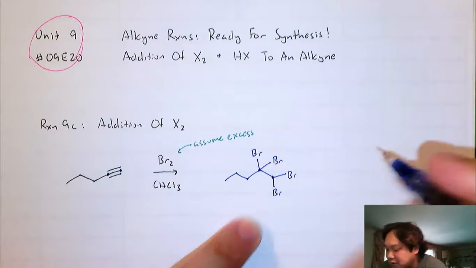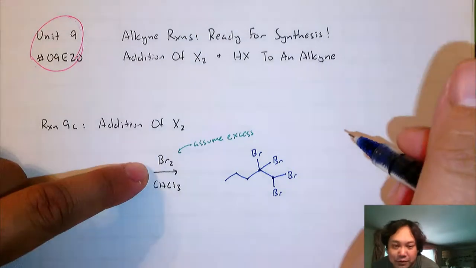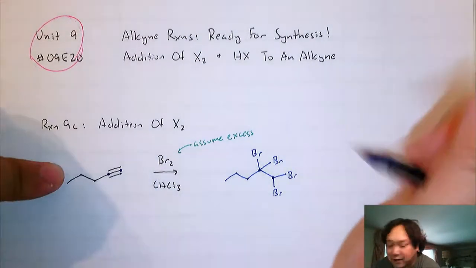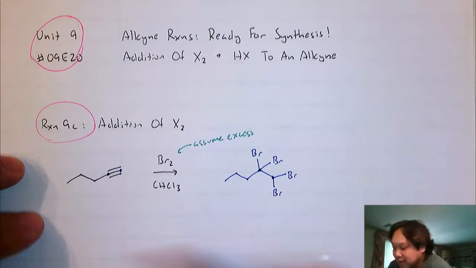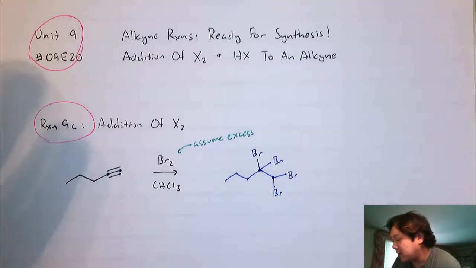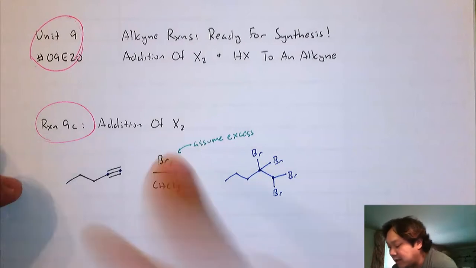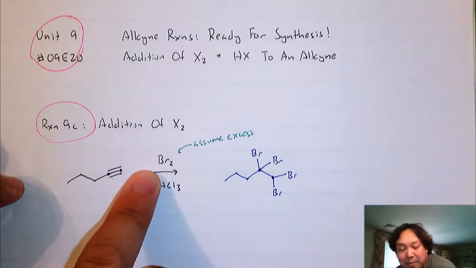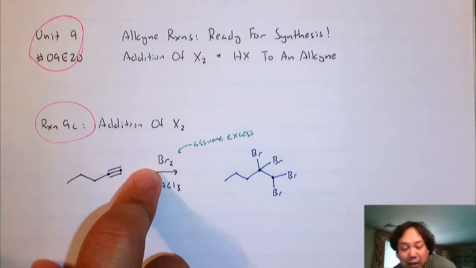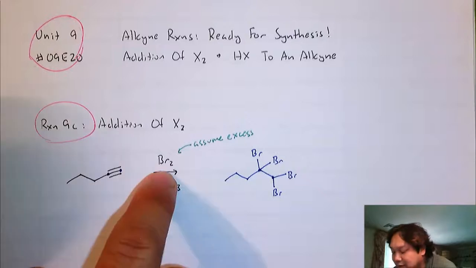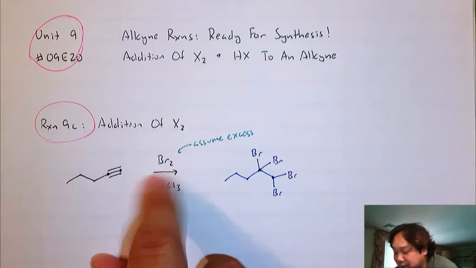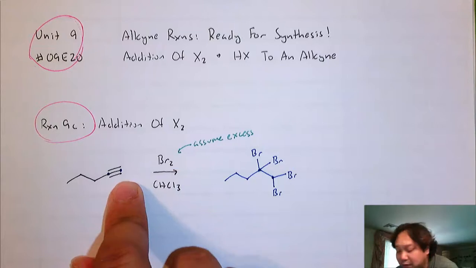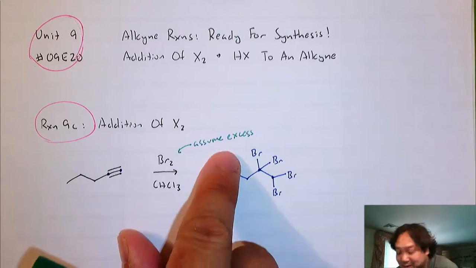So we did actually add 2 moles of Br2 for every 1 mole of alkyne, and this would be your final product. Again, just a warning, some professors say if I don't put any amount here, you have to assume equal amounts. For my class, I want you to assume you have enough to react as many pi bonds as you can, so assume that it has excess amount.